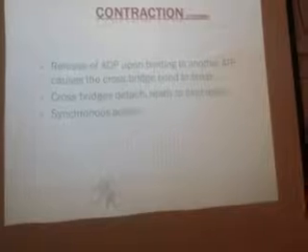Upon binding of the next ATP, the cross bridge bond breaks. The cross bridges are detached and ready to bind again.